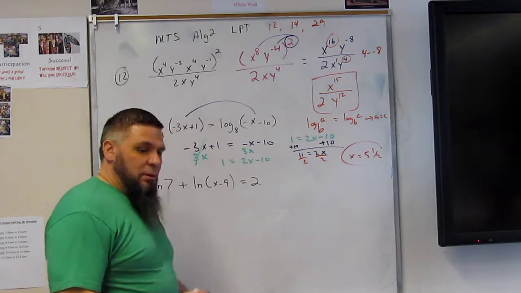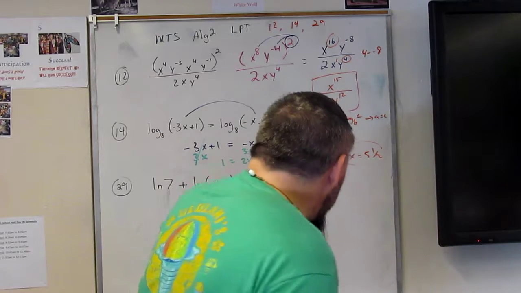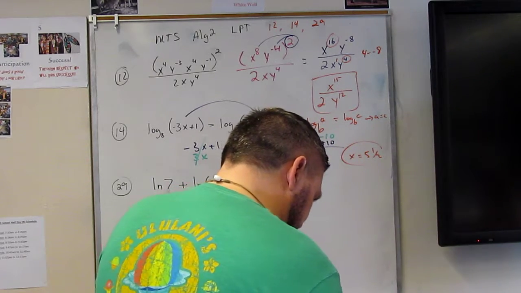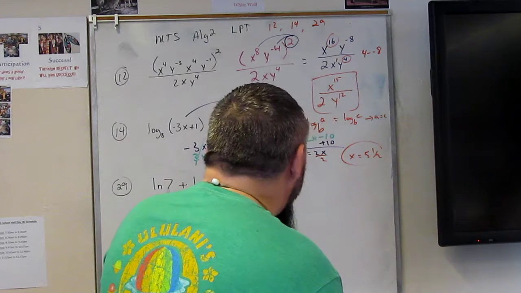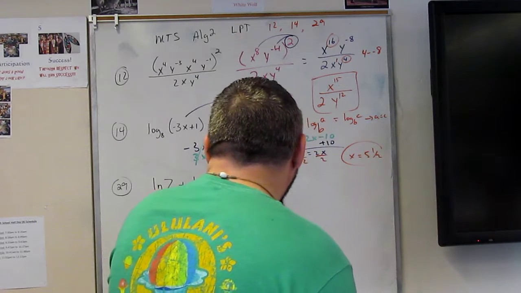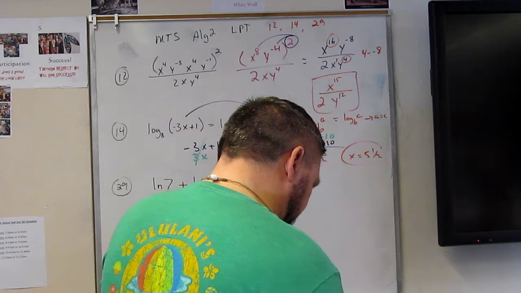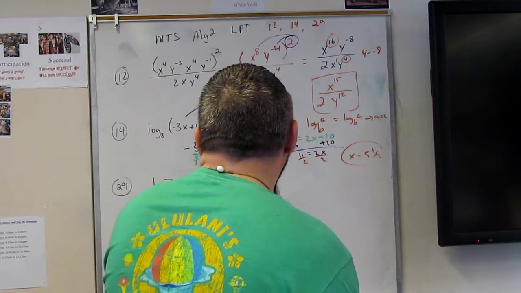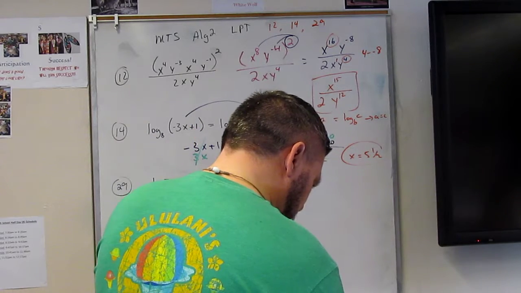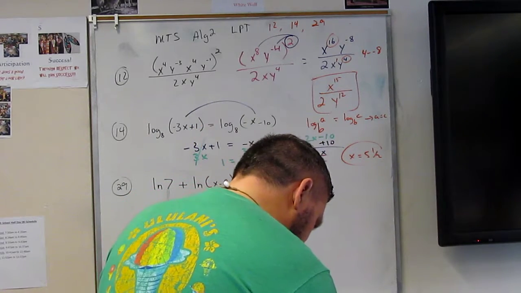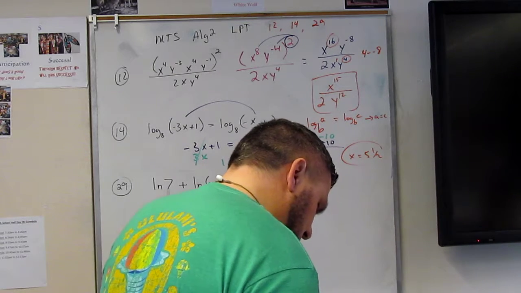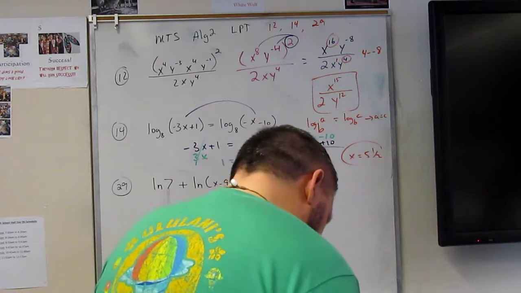Wait. Make sure those two answers are correct. X is 15, 2y is 12, yep. And then what's that number? 14? It says no solution for 14.